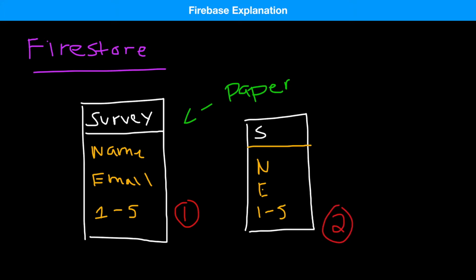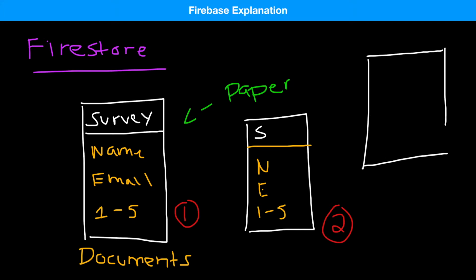According to Firestore, these are called documents. Each individual result is called a document. And then let's just say you want to file these, because this is just hanging around on your desk. So you might create a folder, a paper folder, obviously, for these surveys to be stored in, and you start storing them one by one.